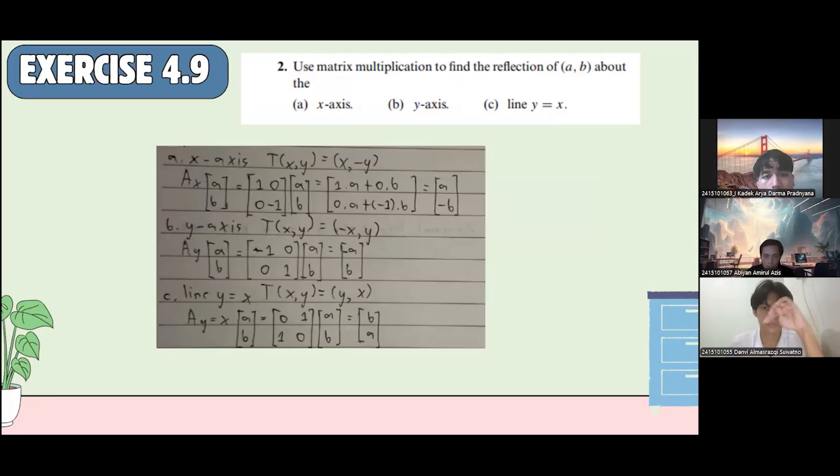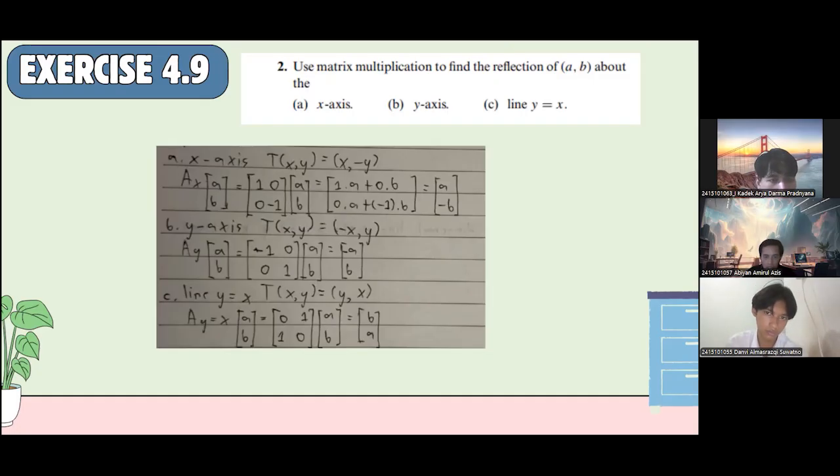And for the exercise, I use the second question, using multiplication to find the reflection of (a, b) about A, the x-axis, B, the y-axis, and C, the line y equals x. For the x-axis, the pattern is T(x, y) equals (x, -y), and we multiply (a, b) by the x-axis reflection operator.